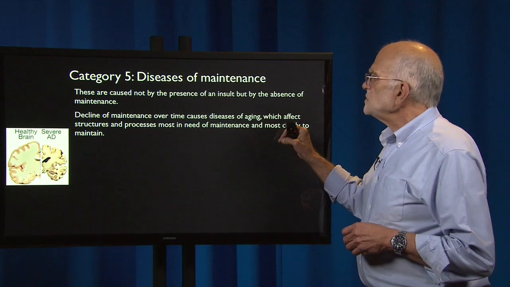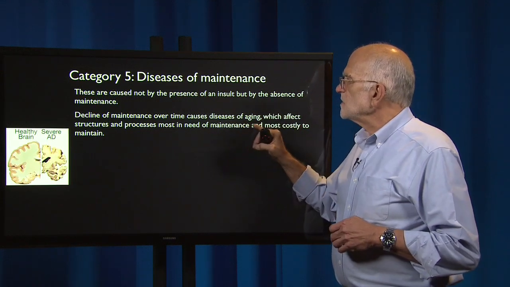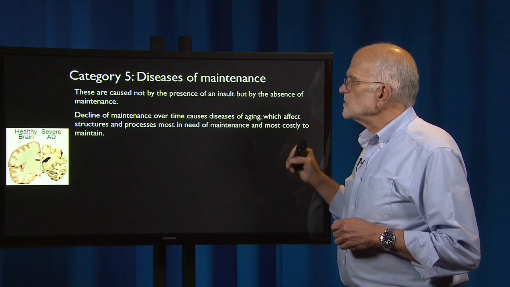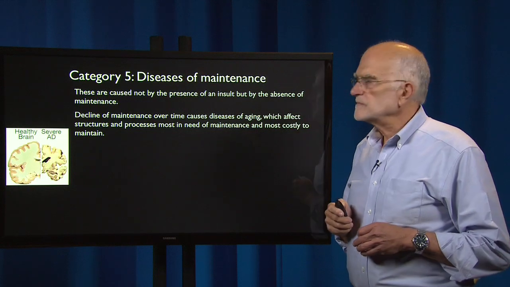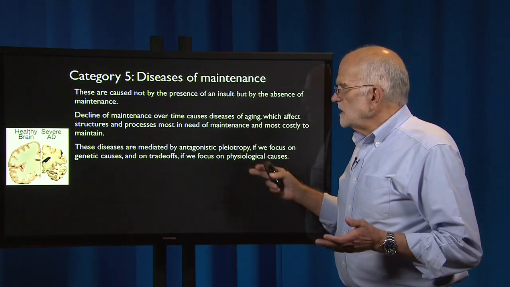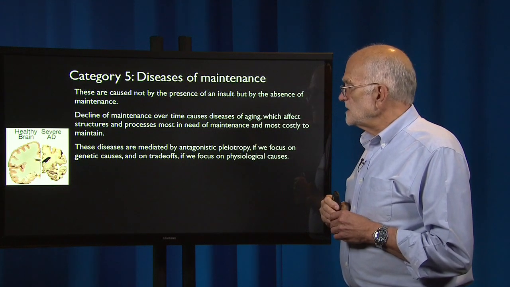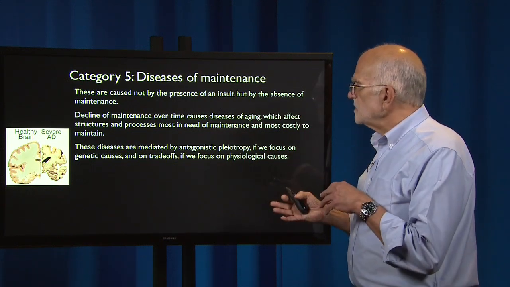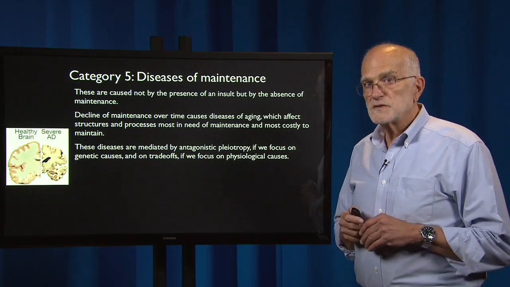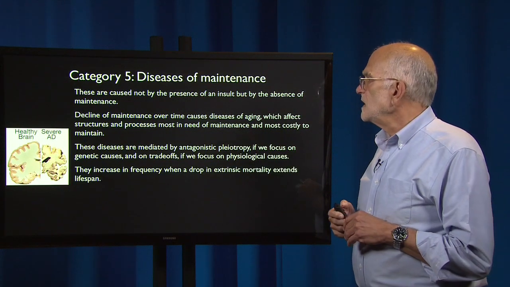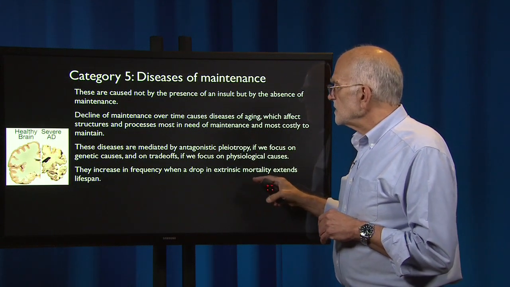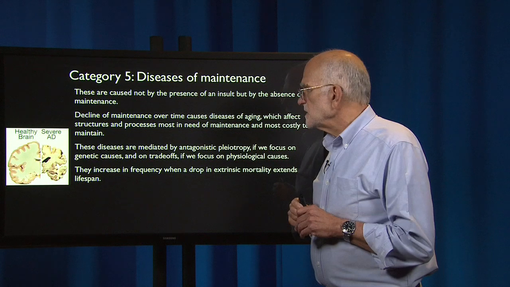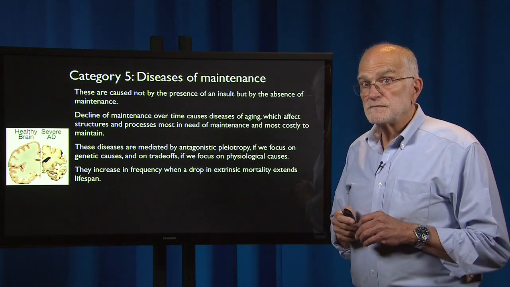The diseases of aging affect structures and processes that are most in need of maintenance and most costly to maintain. These diseases are mediated by antagonistic pleiotropy if we focus on genetic causes, and on trade-offs if we focus on physiological causes. They increase in frequency when a drop in extrinsic mortality extends lifespan.